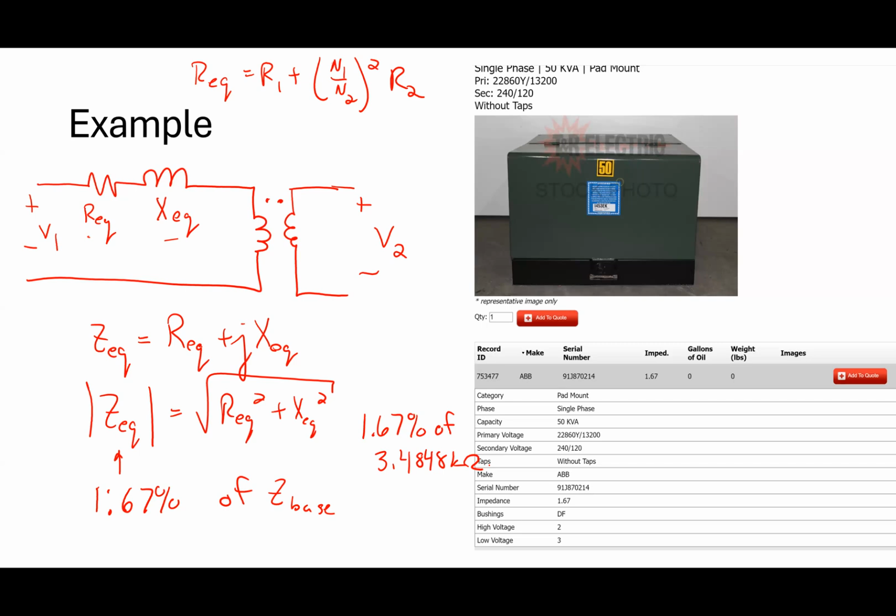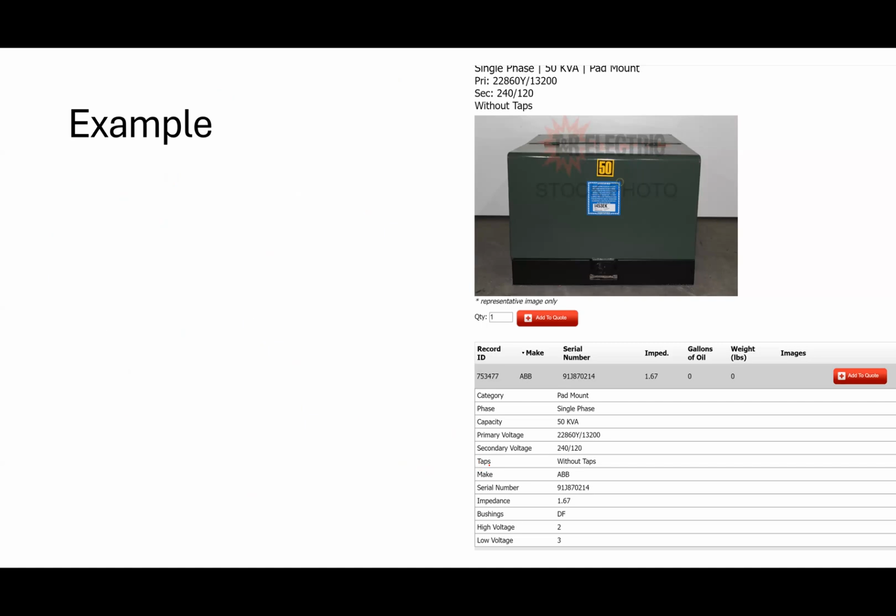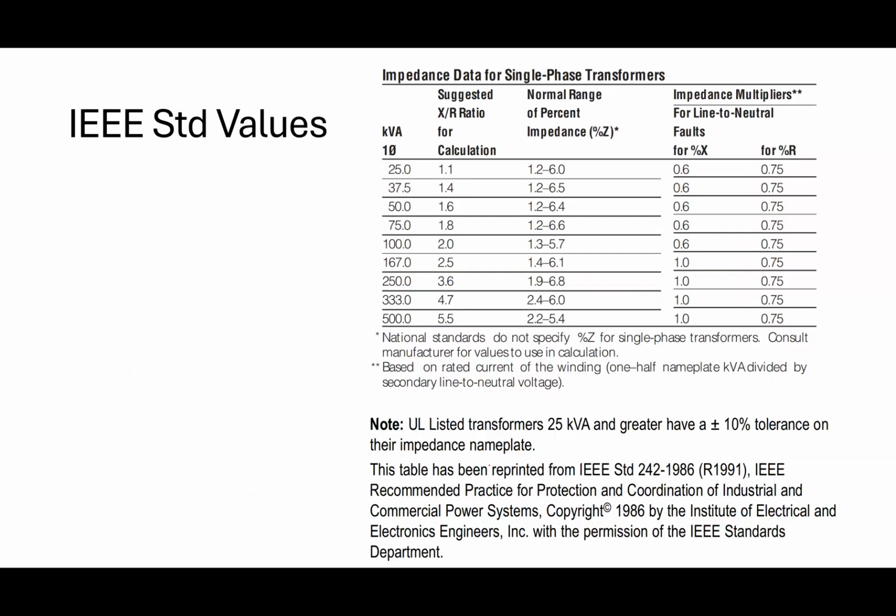So it's telling me the magnitude of the impedance, but nothing about the real part and the imaginary part. Most of the time, in fact, I don't need to know that. But if I do, I can go to the standard values. There's an IEEE standard defined for transformers. For single phase transformers like I have in this power system, it gives the kVA rating.